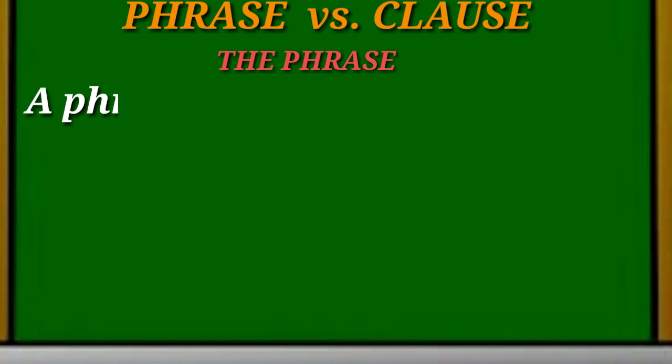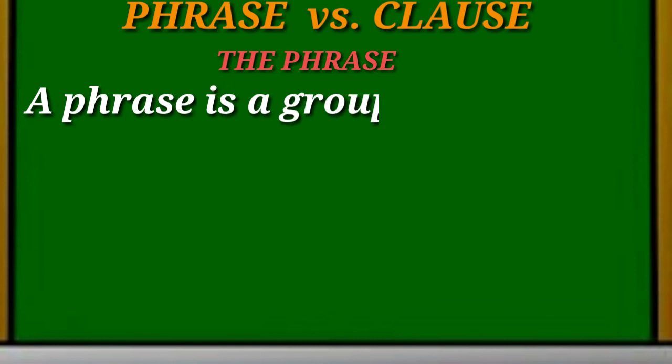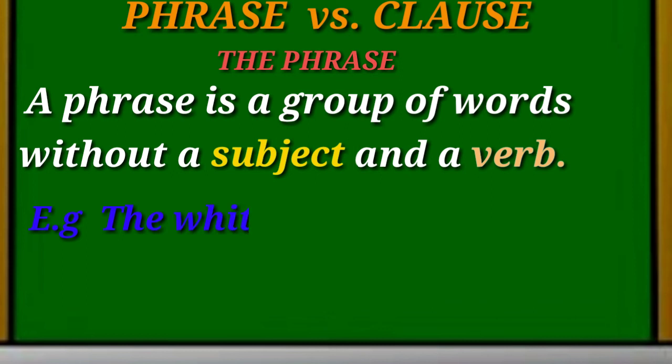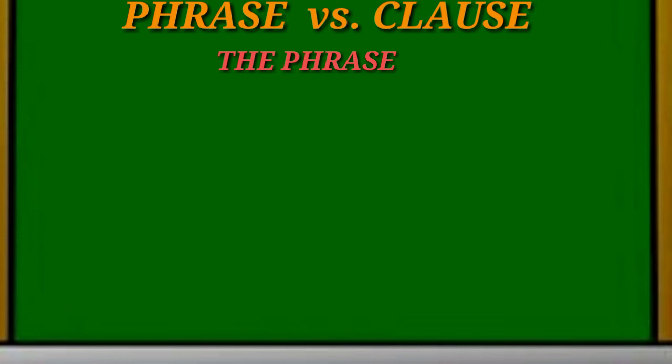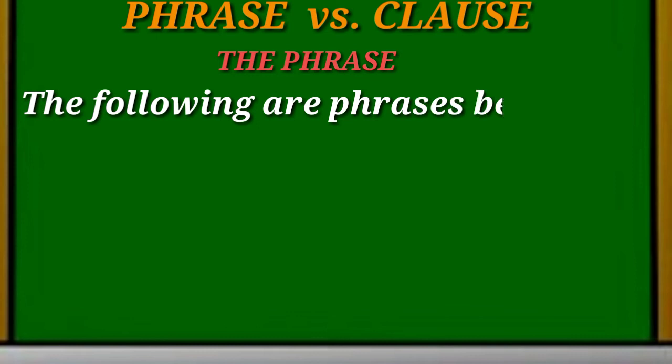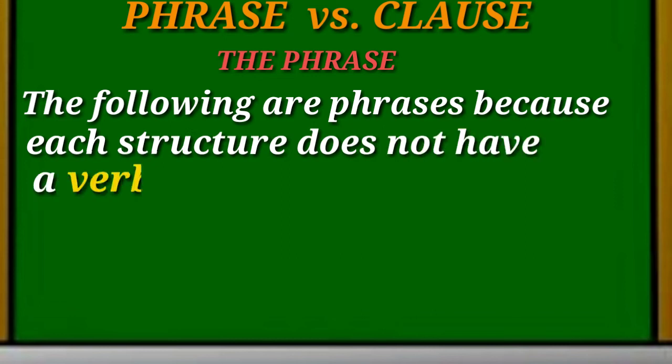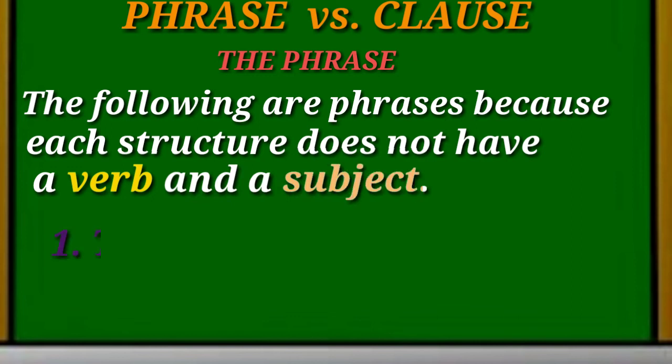The phrase. A phrase is a group of words without a subject and a verb. For example, the white cat in the room. The following are phrases because each structure does not have a verb and a subject. 1.